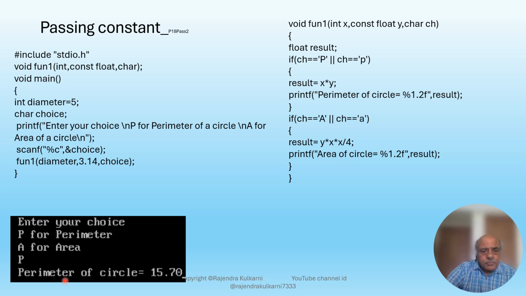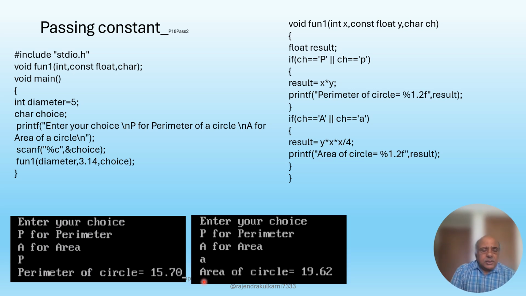The screenshot shows the perimeter of a circle calculated by the function. Then in the second run of the program, I entered a for area, and the screenshot shows the area of a circle, 19.62, whatever is the calculation.